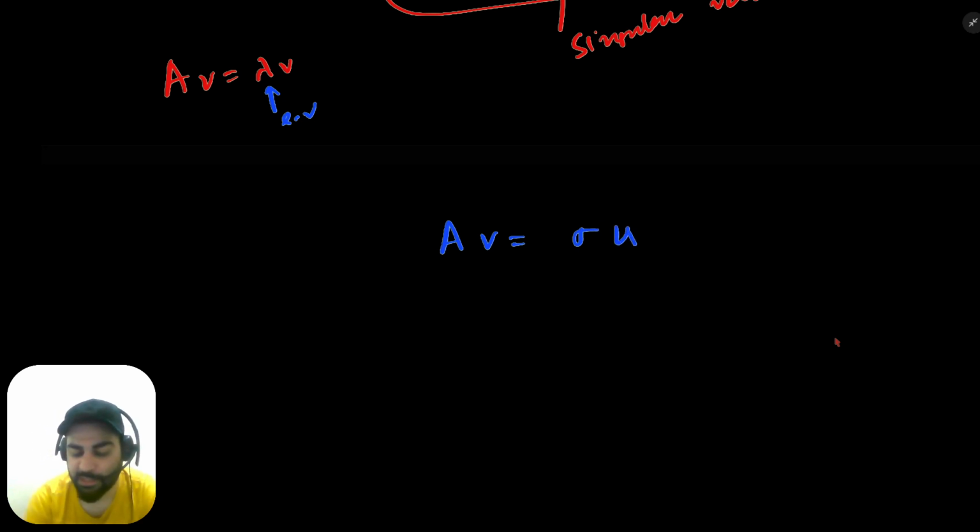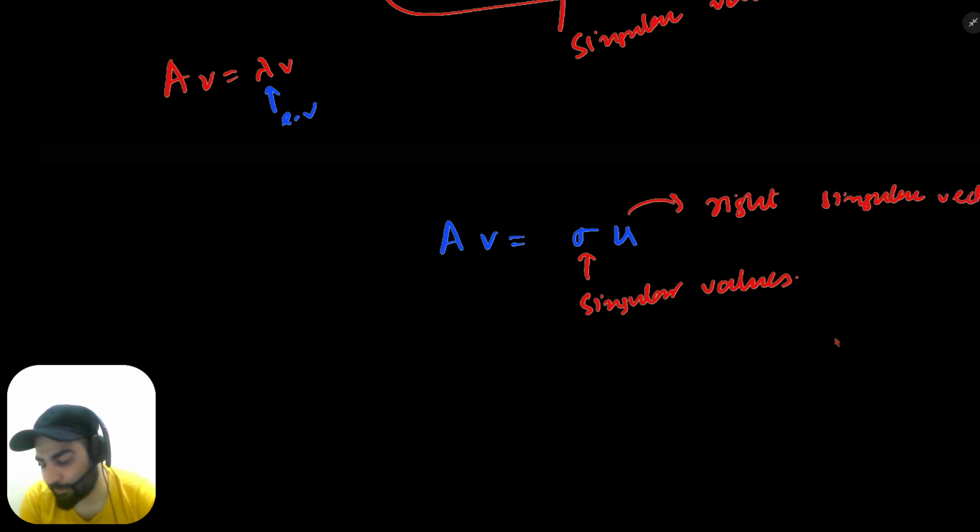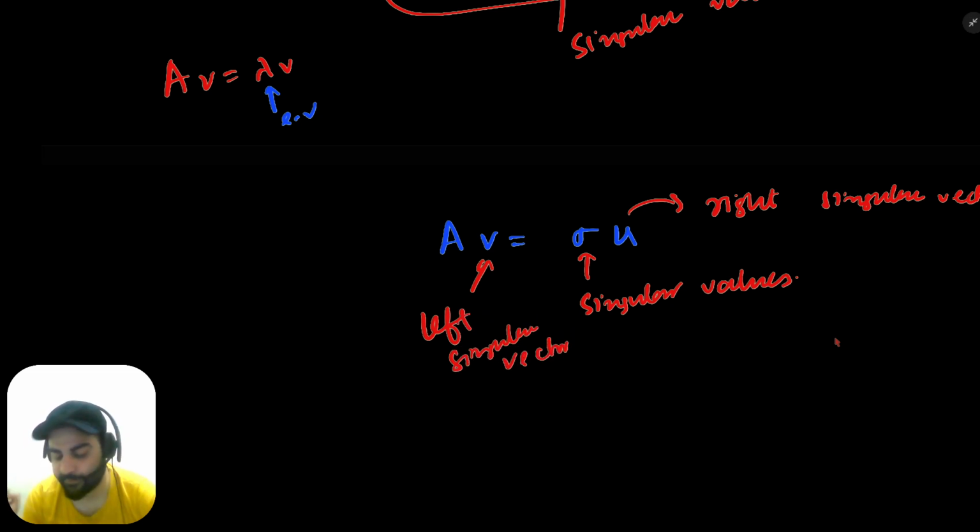In this expression, sigma is called the singular value, and these will obviously be called singular vectors. This v is called the right singular vector, and this u is called the left singular vector. Is it clear?